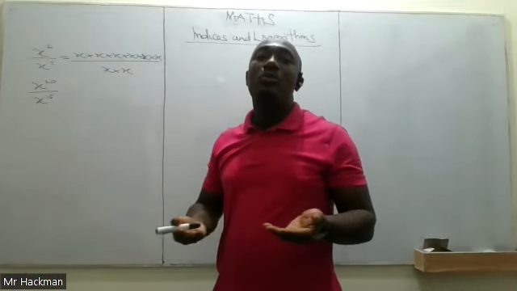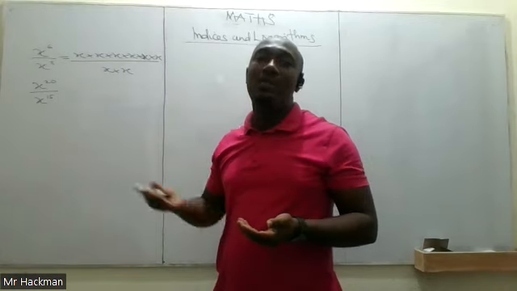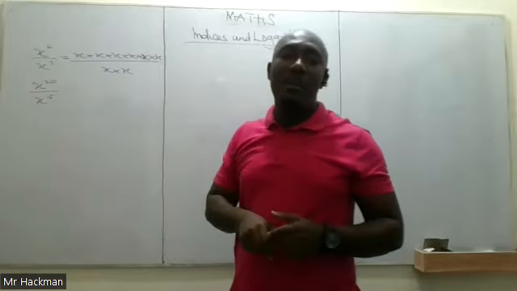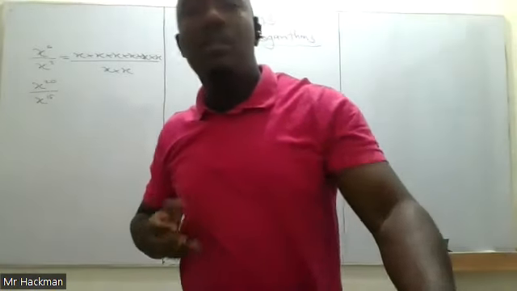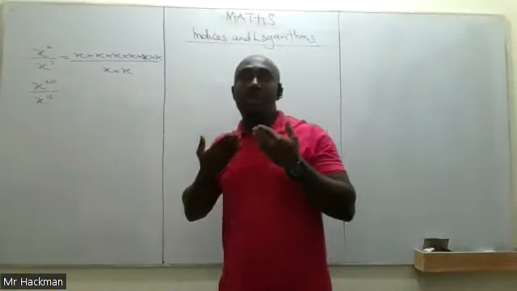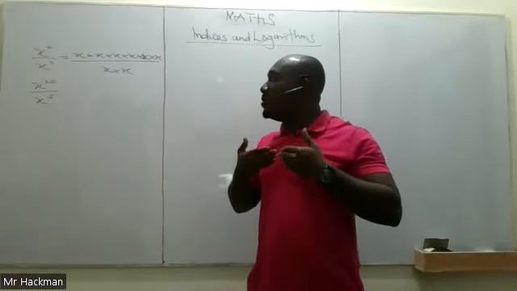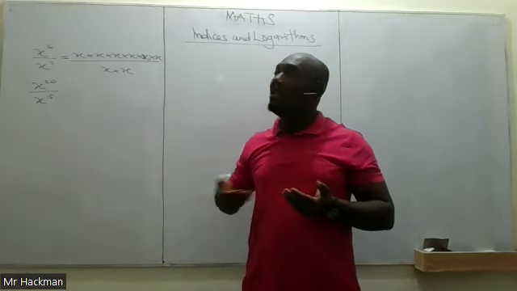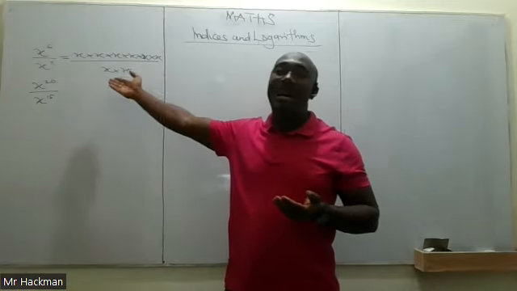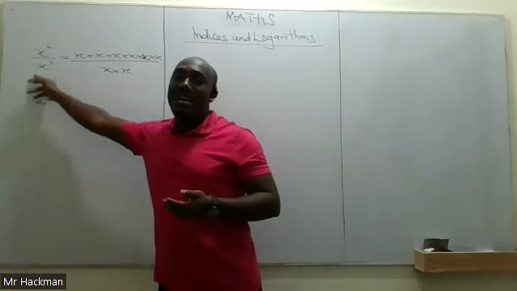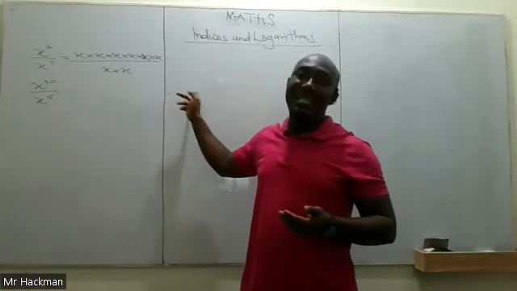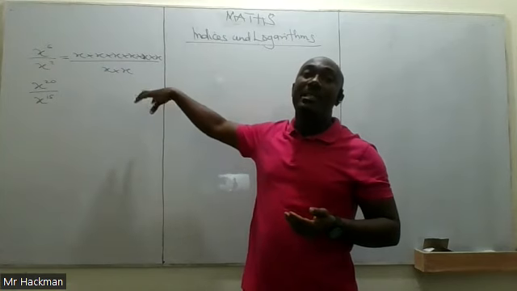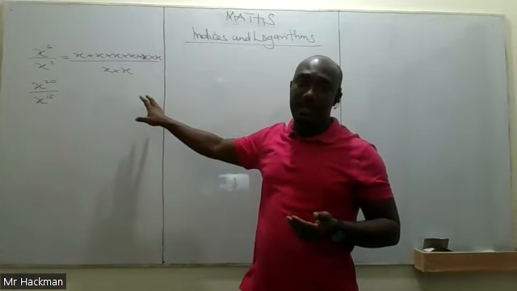This is the crude way, the traditional way of dealing with the simplification of the situation that we have there. However, if you are introduced to or you know the rules of indices, you don't necessarily have to write whatever you have here in the form that I just said. You can just use the rule to get your simplified version.